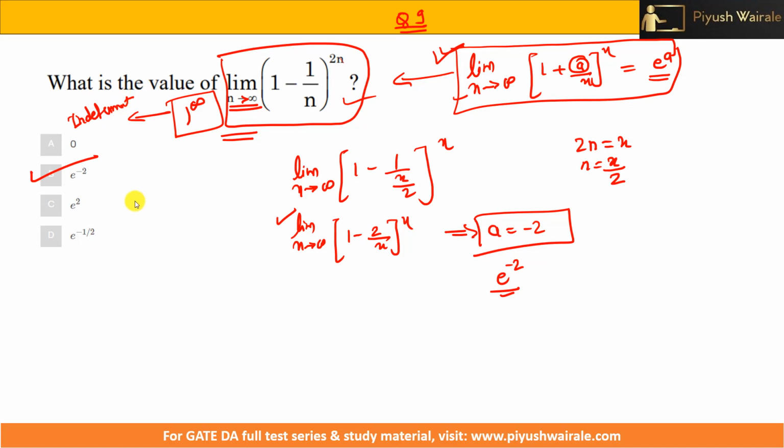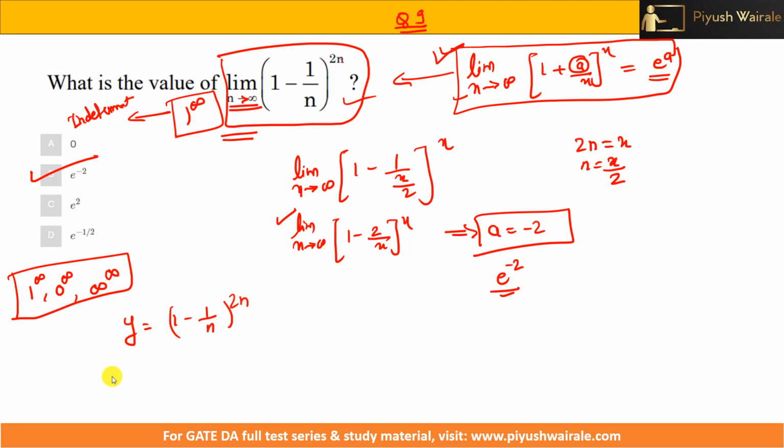Whenever you get 1 to the power infinity, 0 to the power infinity, or infinity to the power infinity, in all three cases you consider y equals f of x. So in this case, y is 1 minus 1 by n to the power 2n. Now take log on both sides.